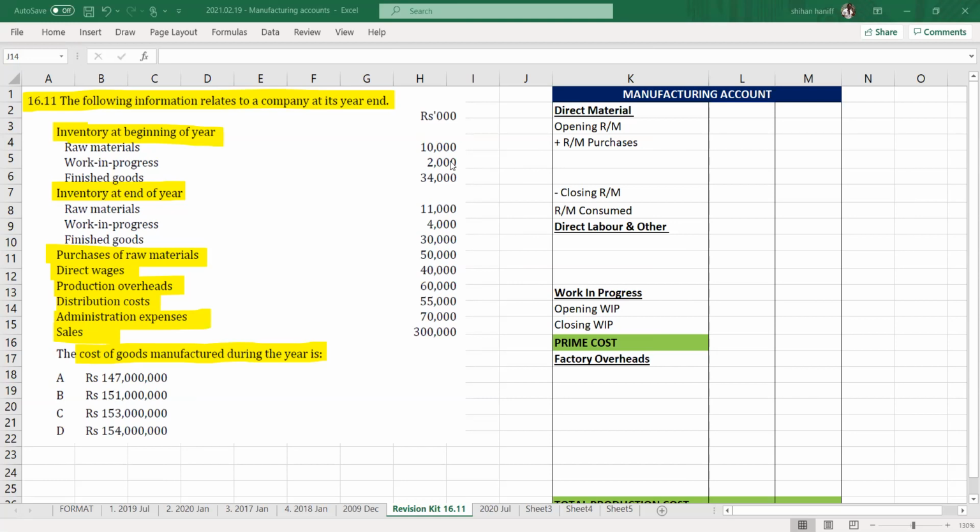So can I have the answer? What is the total goods manufactured during the year?